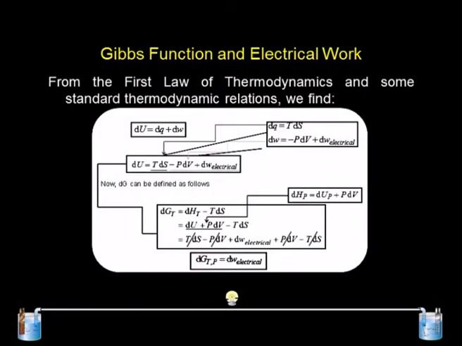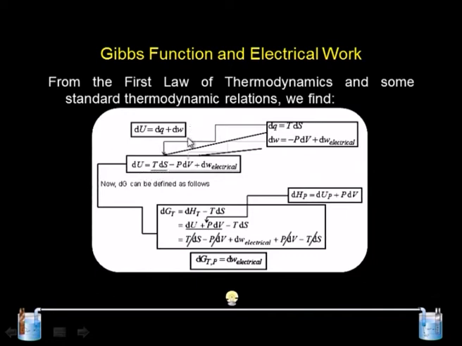Gibbs function and electrical work. From the first law of thermodynamics and some standard thermodynamic relations, we find that dU is equal to dq plus dw. From thermodynamic relations, we know dq is equal to T dS, and if we substitute this value in our equation, we get dU is equal to T dS.